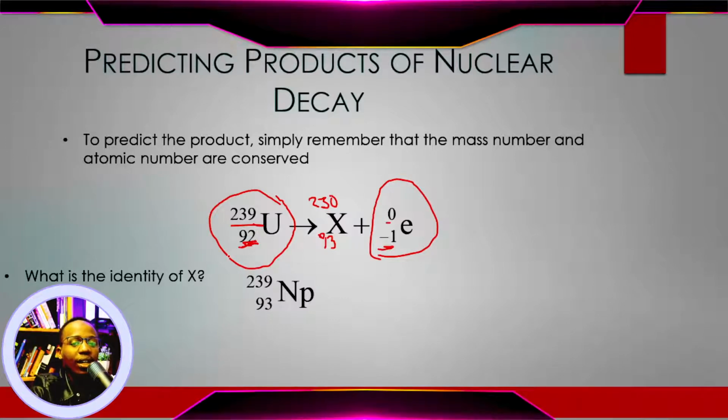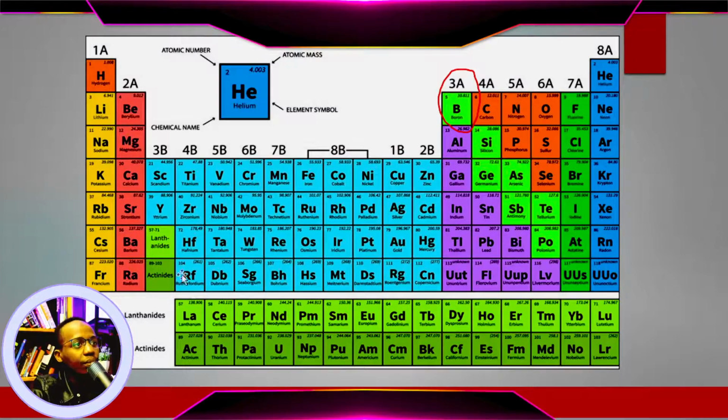So this is a good question that I can ask you where I give you an unknown compound. And another thing too is, let's say you wrote down 239 and 93 and you don't know the symbol. For this 93, all you have to do is go back to the periodic table and find out where 93 is.